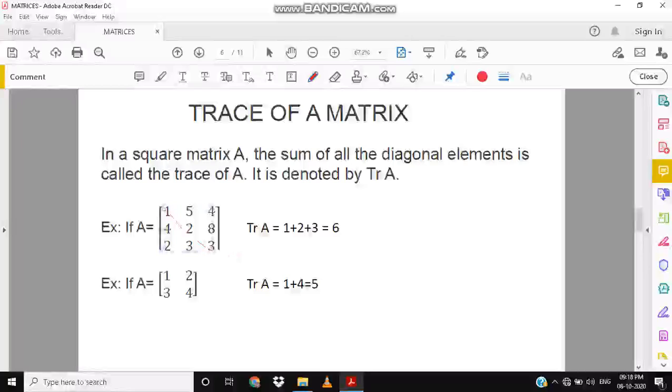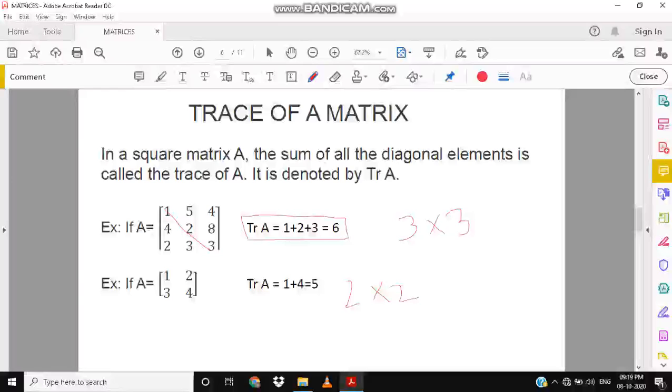So what are the elements in the diagonal position here in this matrix? It is 1 plus 2 plus 3. So simply we write trace of matrix A is 1 plus 2 plus 3, that is equal to 6. This was a 3 cross 3 matrix. See, the number of rows and the number of columns is 3, and this is a 2 cross 2 matrix, right?